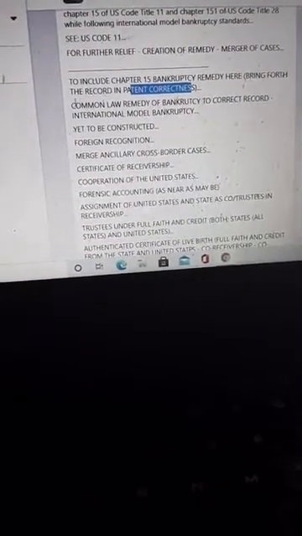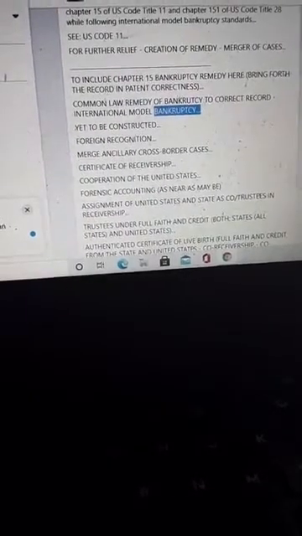See now, while we come in common law, we're going to remedy the bankruptcy to correct the record under model international bankruptcy rules, which are yet to be construed.